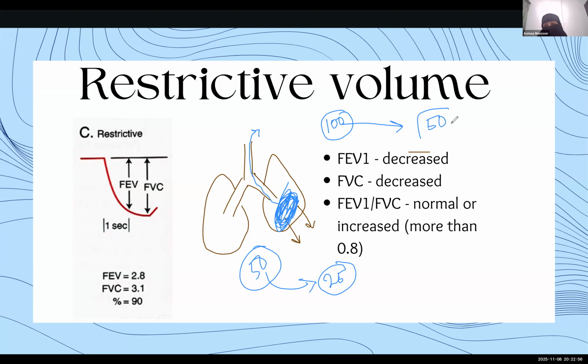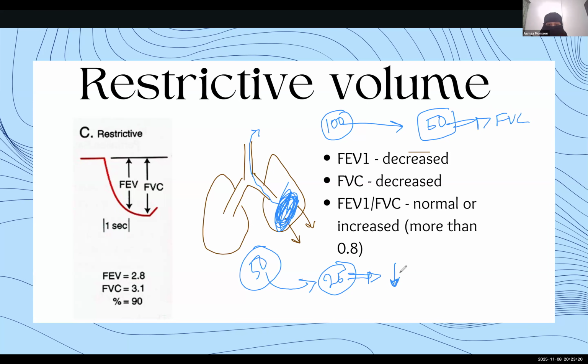So in this case, let's say this is the forced vital capacity. The forced vital capacity in normal persons is 50, which is normal. However, in restrictive disease, as you can see, the forced vital capacity is decreased. Why? Because there was less air in the first place. But what about the ratio? The ratio is the amount of air that is exhaled in the first second.